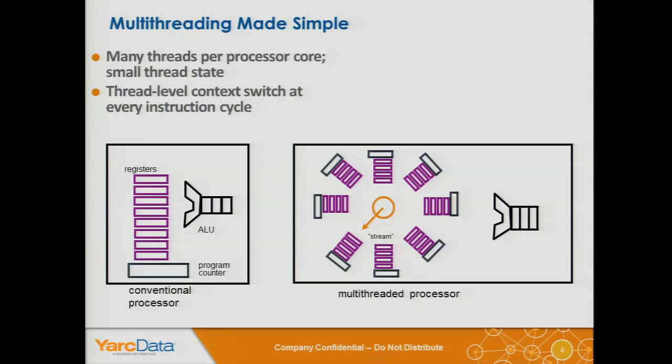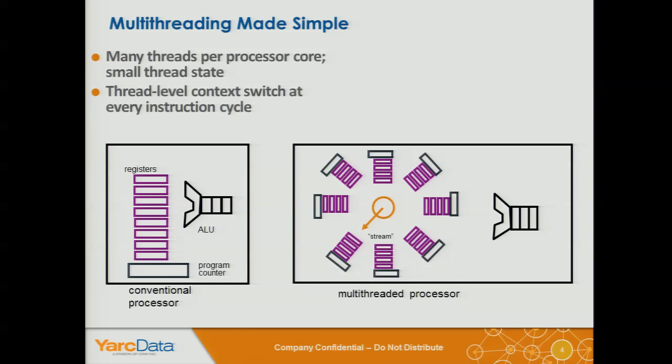And so the processor is continually selecting things from the ready pool and feeding them to the ALU and operating the instructions. And being in the ready pool means that all of its remote memory accesses have been satisfied. So it has everything it needs in all of its registers to execute.